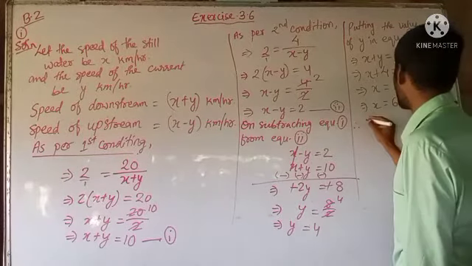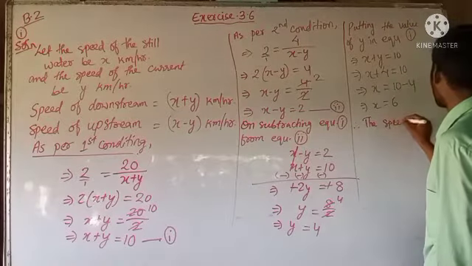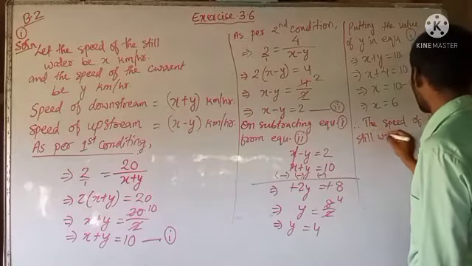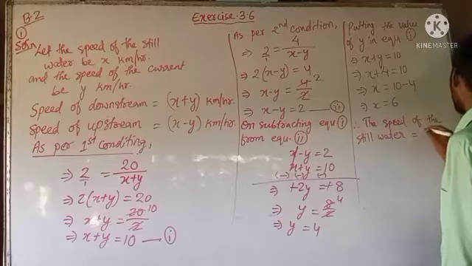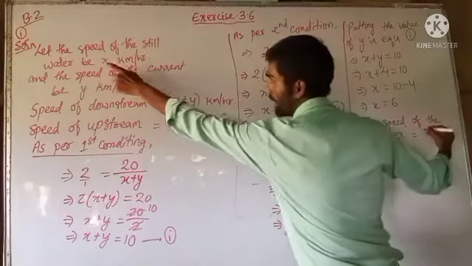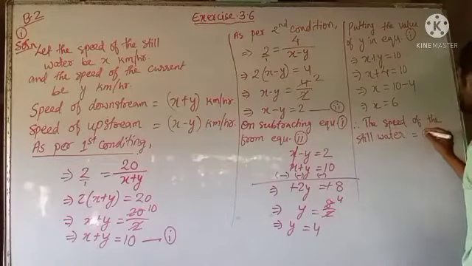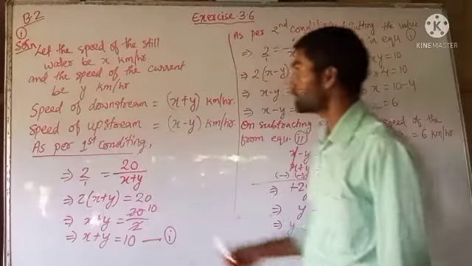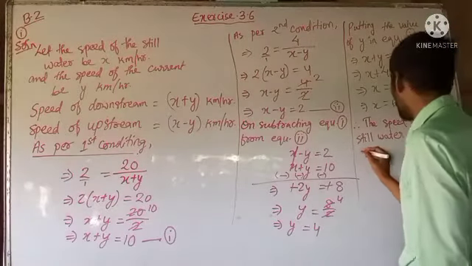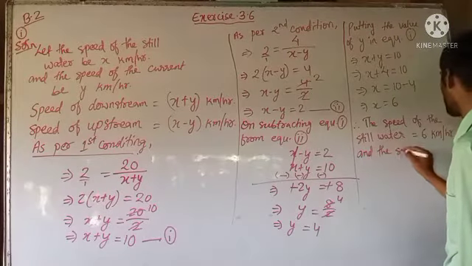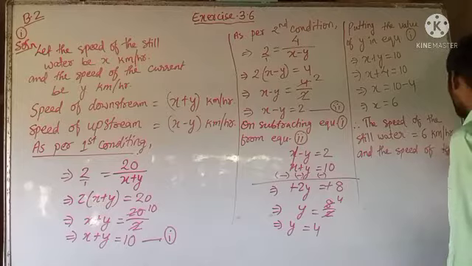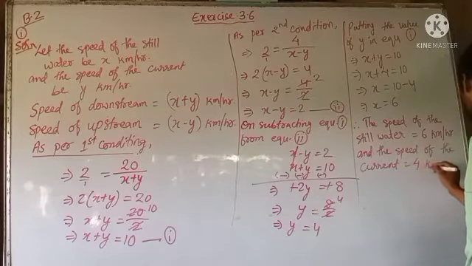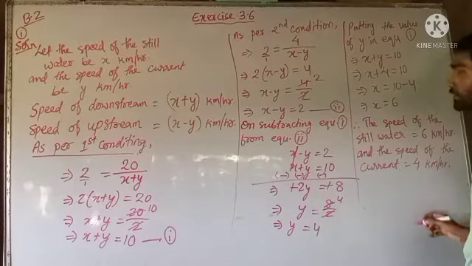So we can write here, therefore the speed of the still water is equal to, for still water we took x km per hour, that is x we got here it is 6, so 6 km per hour, and the speed of the current is equal to 4 km per hour. That is our required answer.